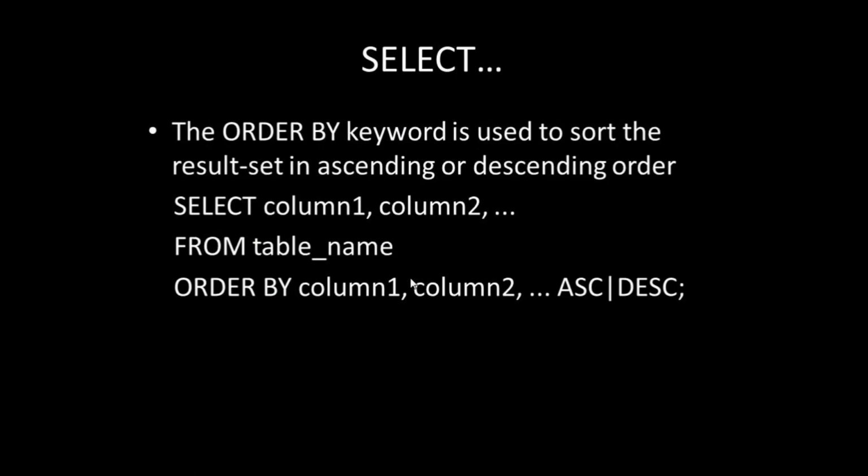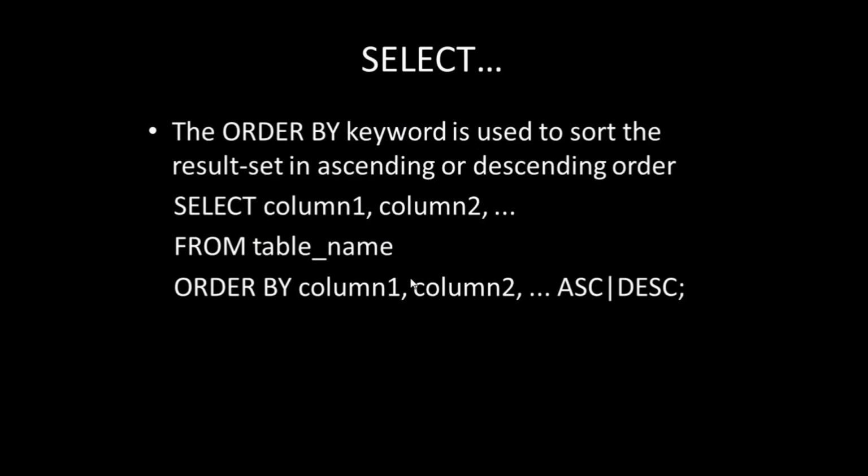order by. Okay, so the syntax is select columns from table order by which columns. So you may select 10 columns, but you can order based on any one column or more than one column. And then there is again keyword ASC or DESC. ASC indicates ascending order, DESC indicates descending order.